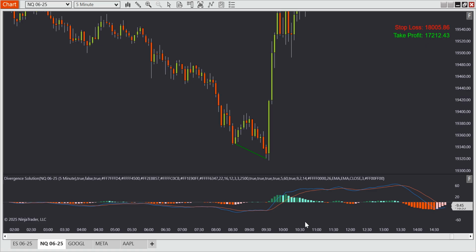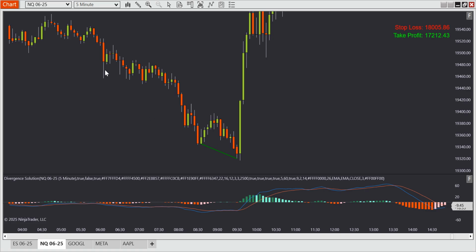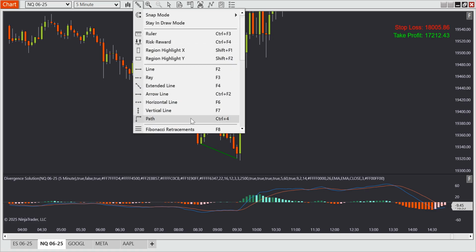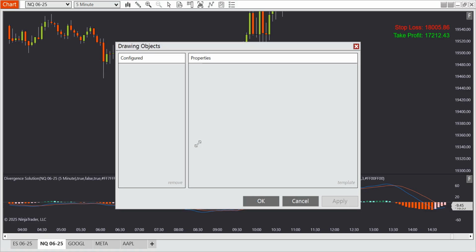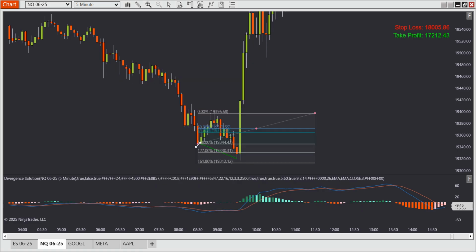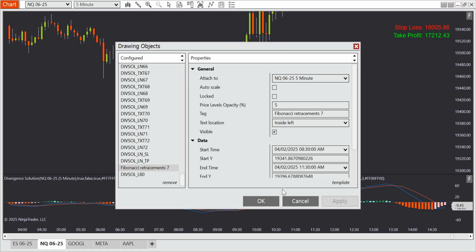Here's another example using that same logic, on the NQ 5-minute chart. We have a bullish divergence that has been found. Using the fibs, I'm marking the most recent range that price was in, from this low to this high. Let me move this a little bit more just to be precise.